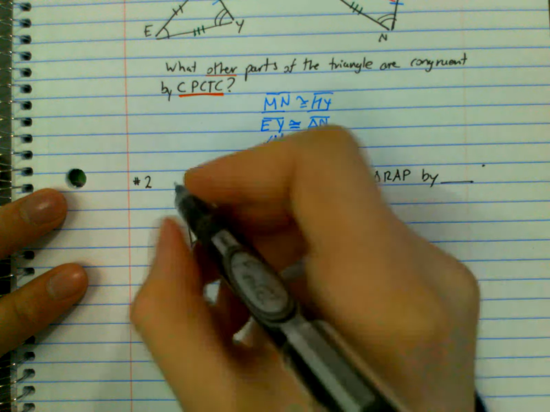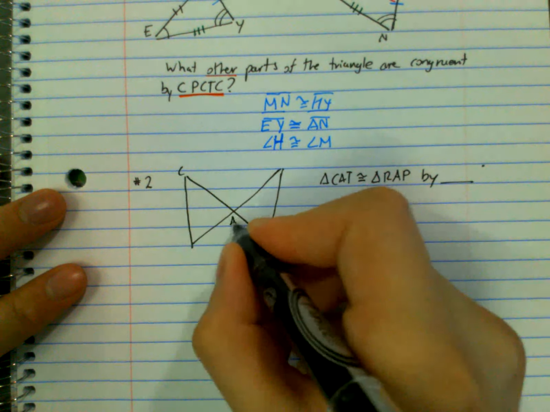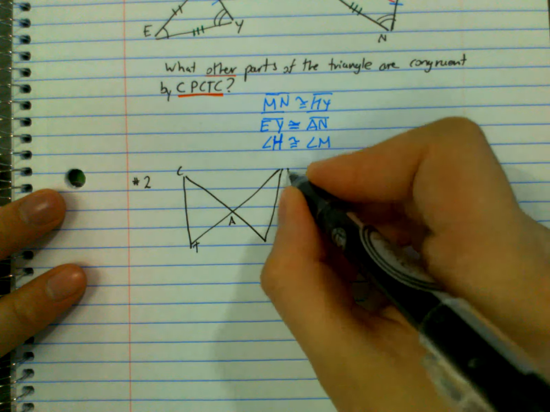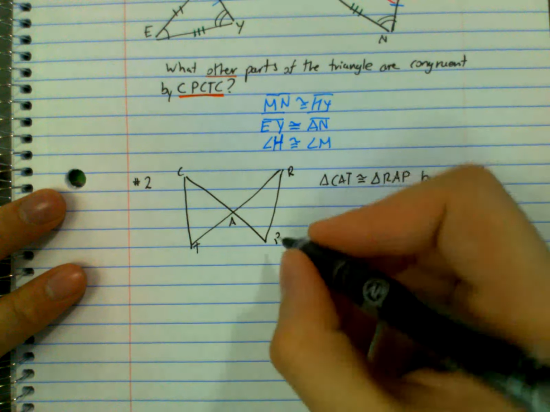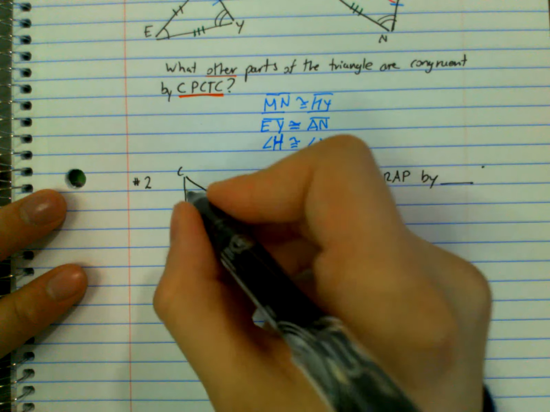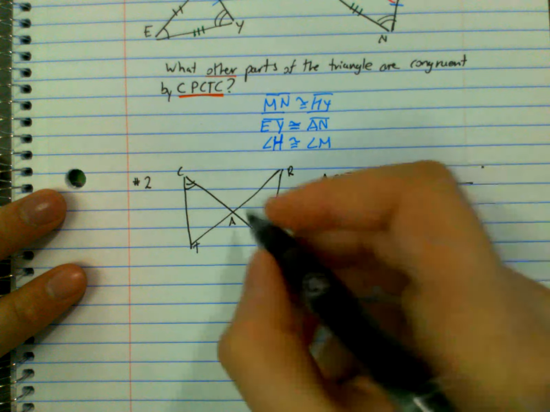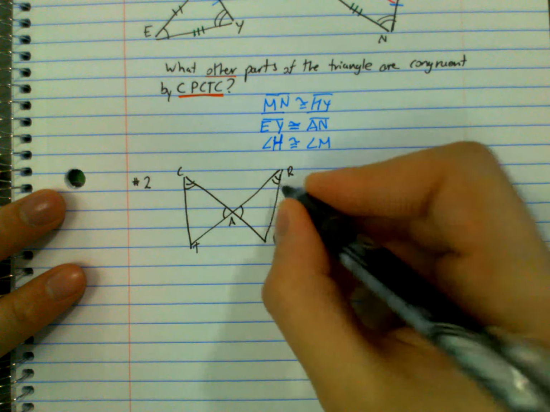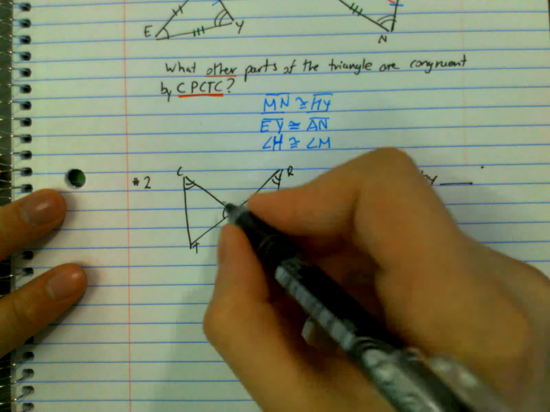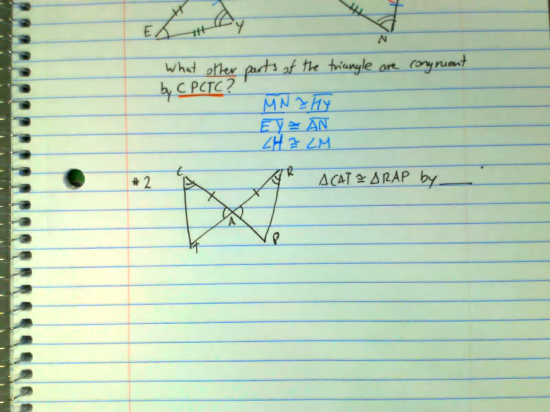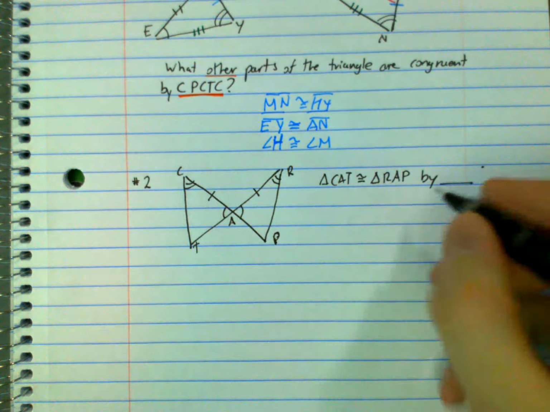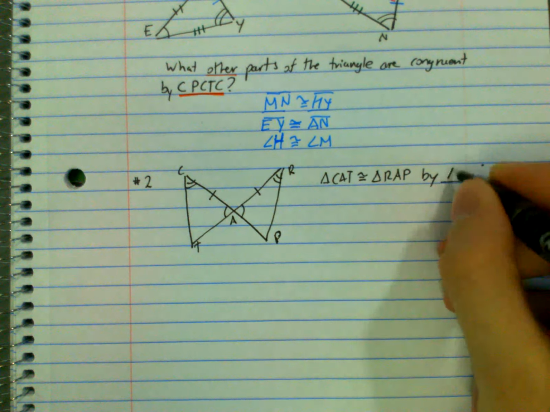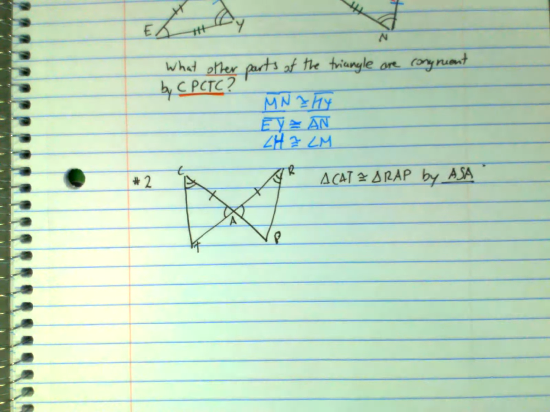And we're going to find that out here once I give you guys these points in the given congruence. Well, we know that angle A is a vertical angle. That checks out. We know that these guys are going to be congruent. And we know that these guys are going to be congruent. So, by angle side angle, these triangles are the same.